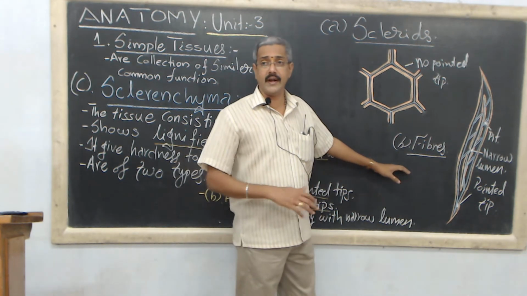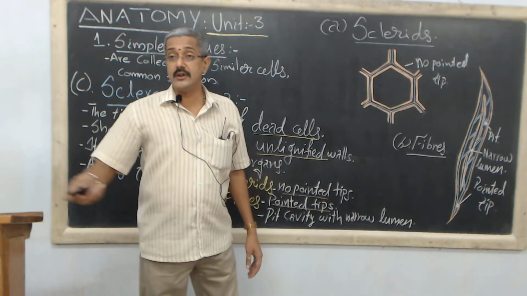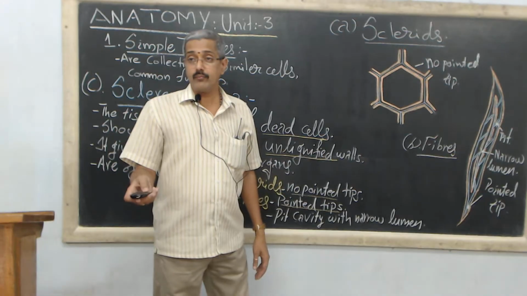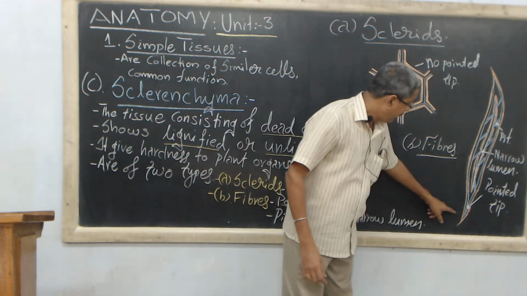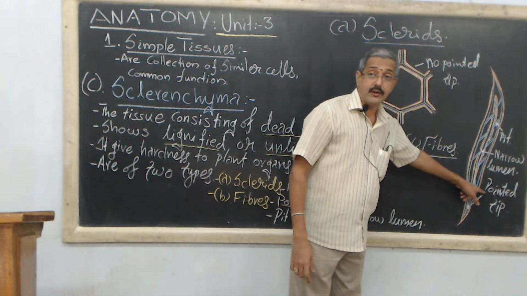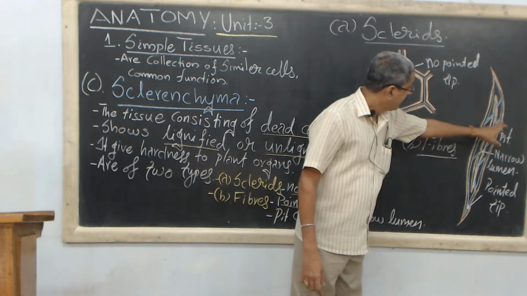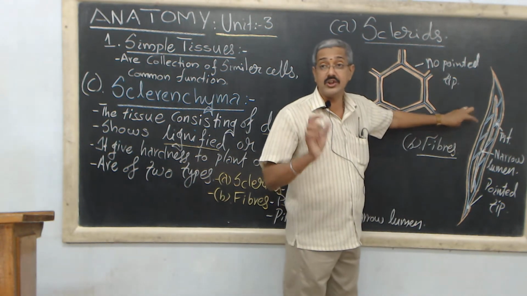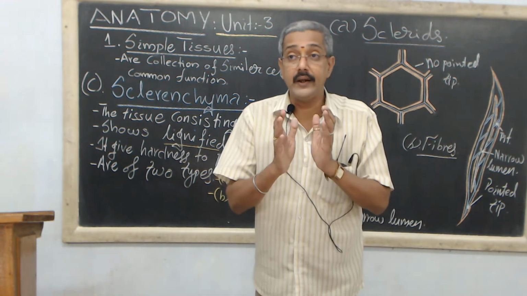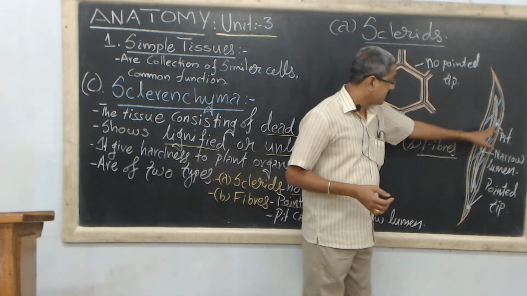Coming to the second one, fibers. The fibers may show a pointed tip at both ends, and the wall of the fiber shows pit cavities, which are localized unthickened pockets on the cell wall.